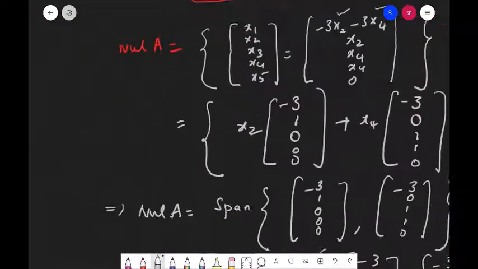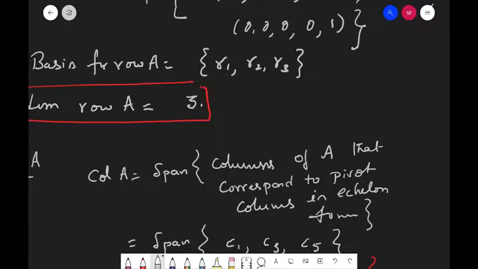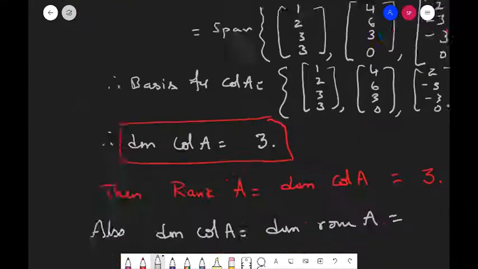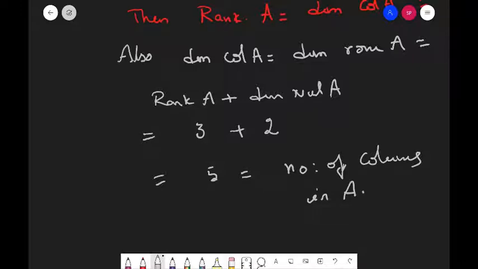If you remember, dimension of null A is equal to 2. So let me write this. Plus is equal to 5, that is equal to number of columns in A. Hence, rank theorem is verified.